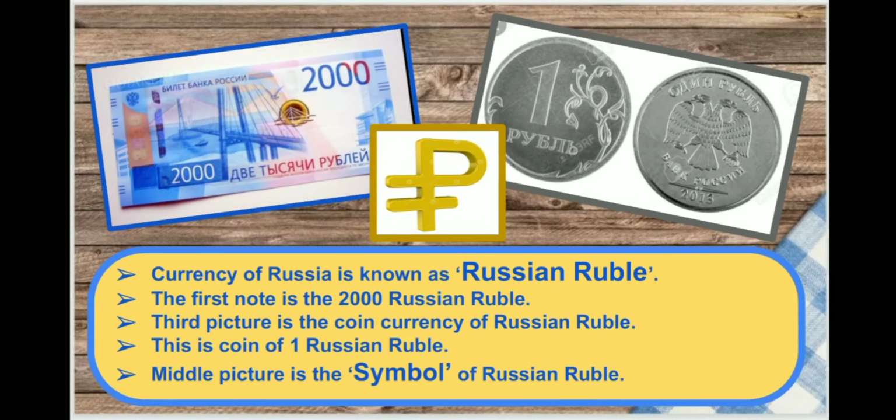In some places you will get a different spelling, that is ROUBLE, and some places you will get RUBLE. Okay, so don't be confused, both are correct. The first paper note of Russia and its value is 2000 Russian ruble, and the value of coin currency of Russia is 1 Russian ruble, and between both the currencies one sign is there, that is symbol of Russian ruble.